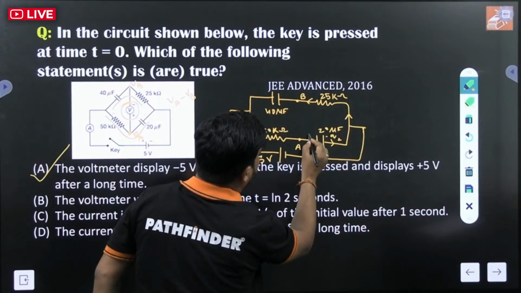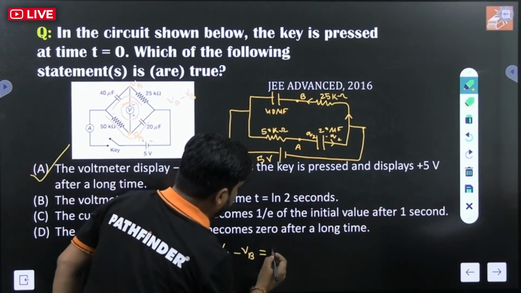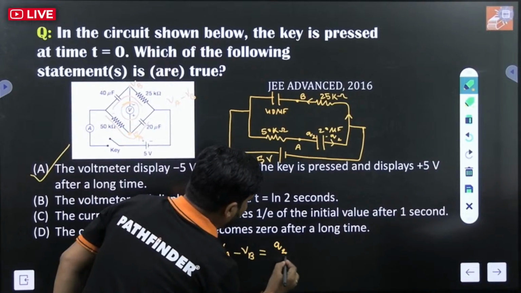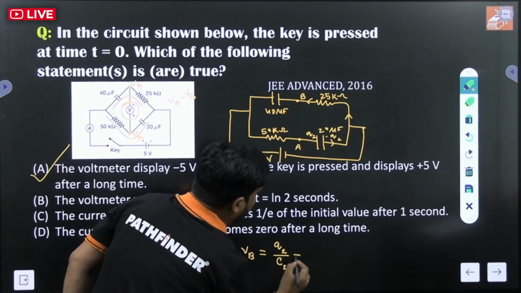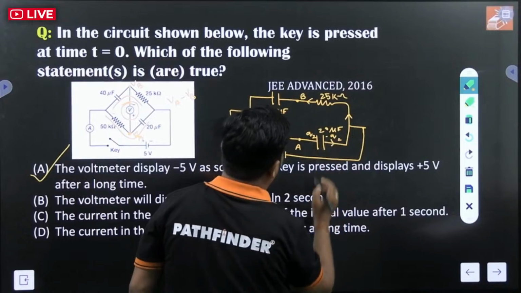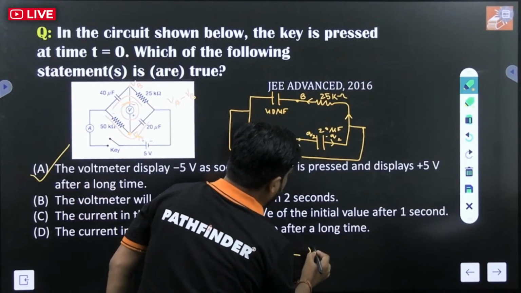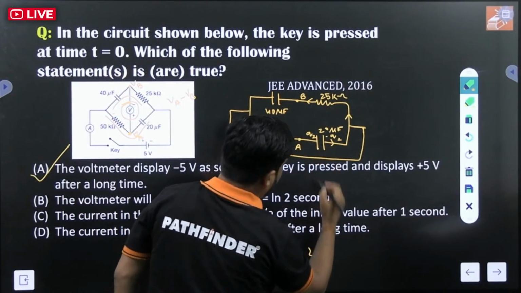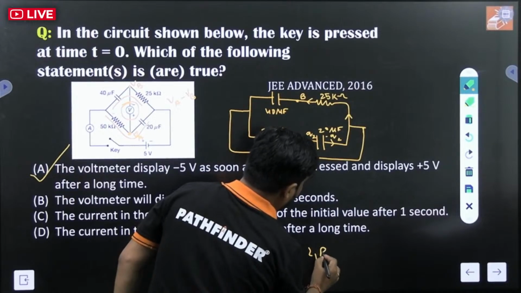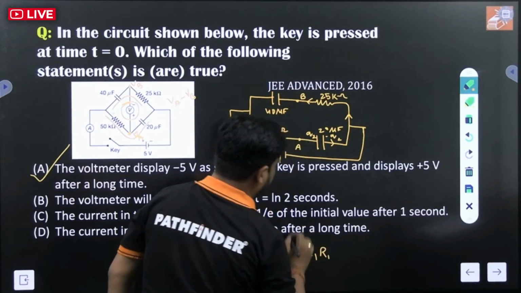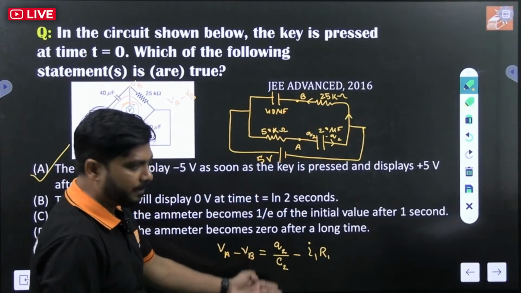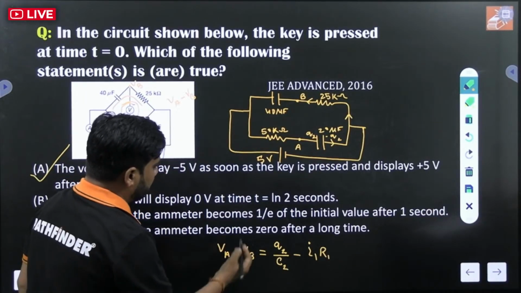If you remember, this one is Q2. So can we say Q2 by C2 minus I1 R1. Just see. Clear?